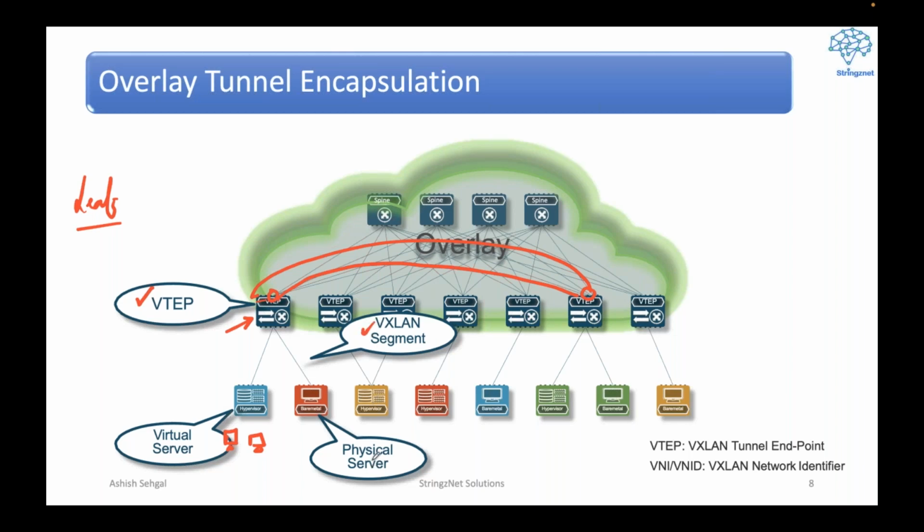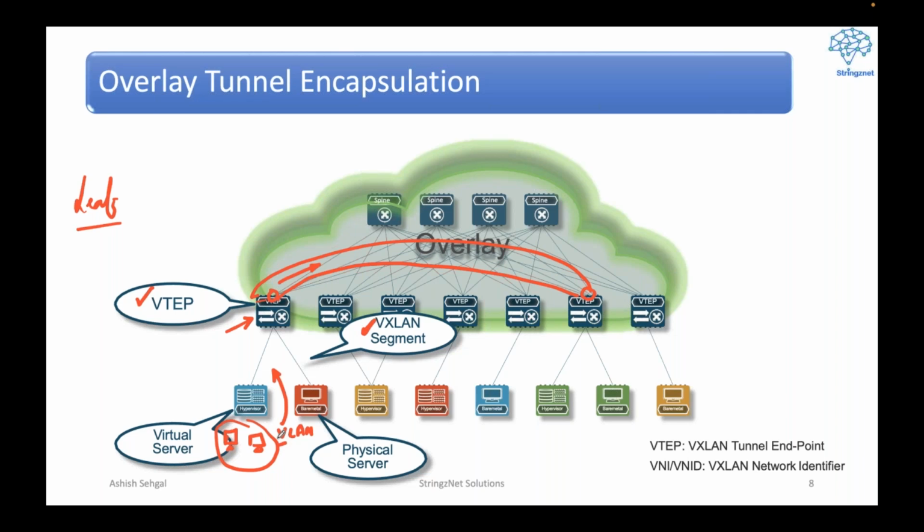So these endpoints may belong to a specific legacy segment called VLAN, which all of us know, but at the same time, they have to enter into another segment before being entered into the VXLAN tunnel, and this particular segment is known as the VXLAN segment, where the endpoints enter.